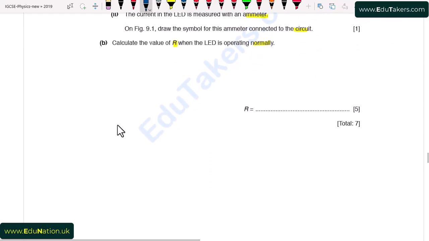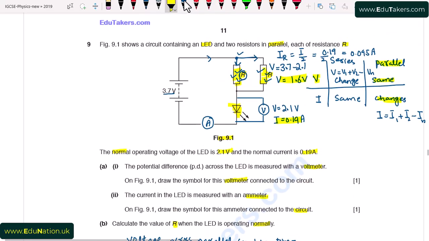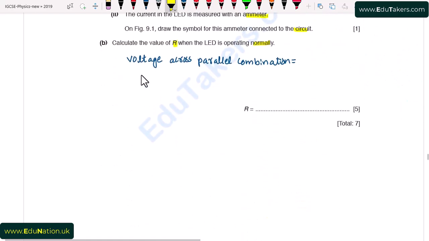So I write here voltage across parallel combination. What will be the voltage across the parallel combination? We can see from here. It will be 3.7, that is the total voltage, minus 2.1, that is across the LED. So I write here 3.7 minus 2.1.